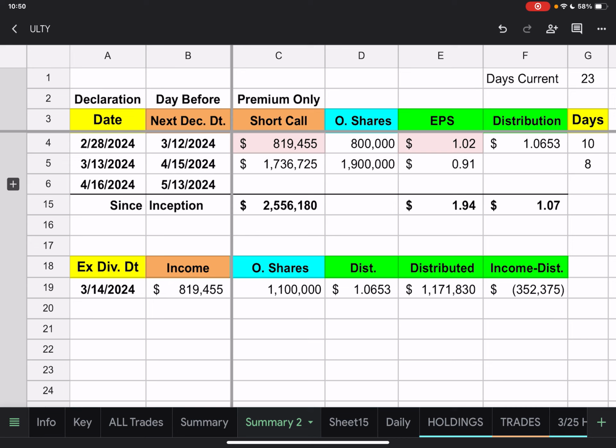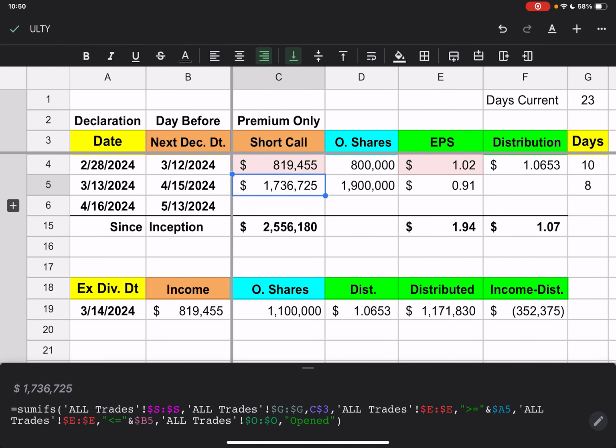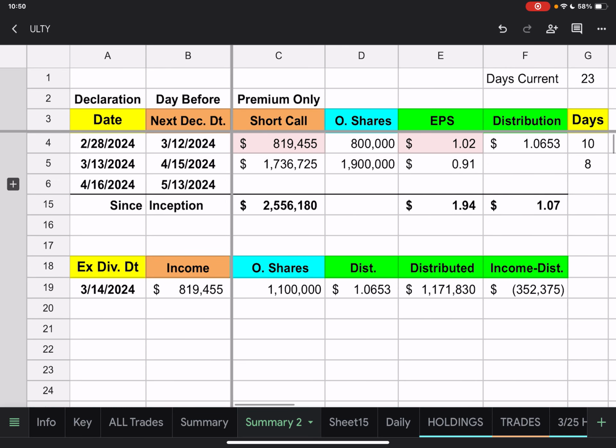So these are going to be all the ones after the last distribution, which is 1.7 million. Yeah, got a bunch of formula mess up in there. And then this is where we're at for the number of our outstanding shares, which is 1.9 million, which shows currently our earnings per share or estimated distribution so far is 91 cents.